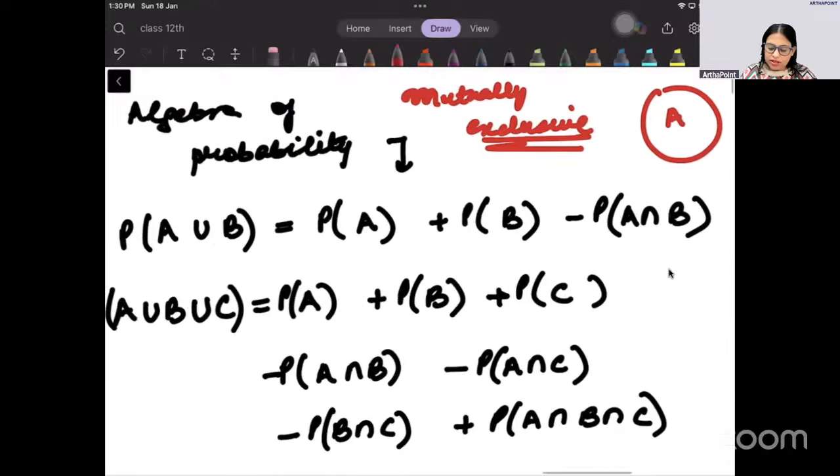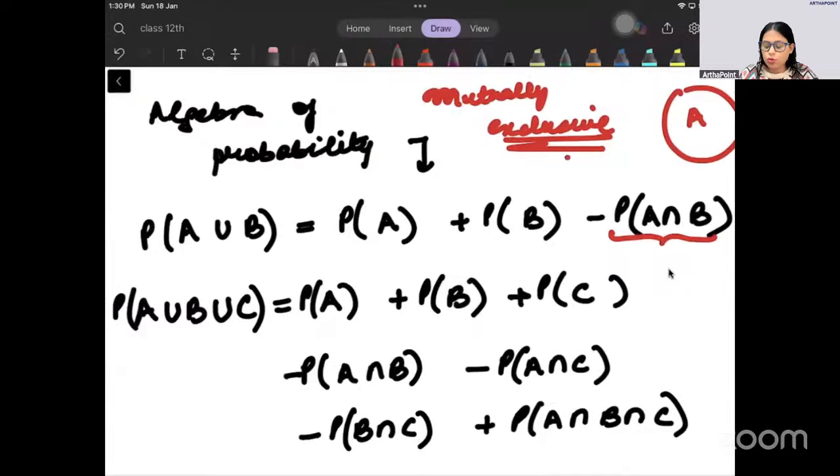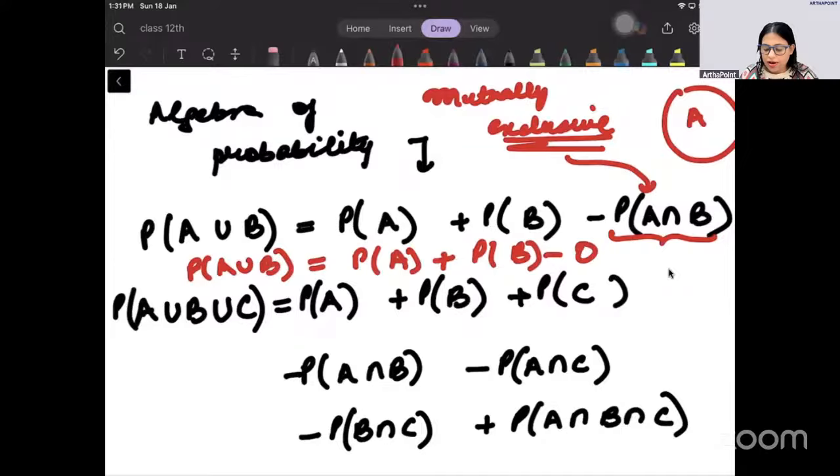So if I put 0 here for mutually exclusive events, what will I get? Probability of A union B will be probability of A plus B minus 0.